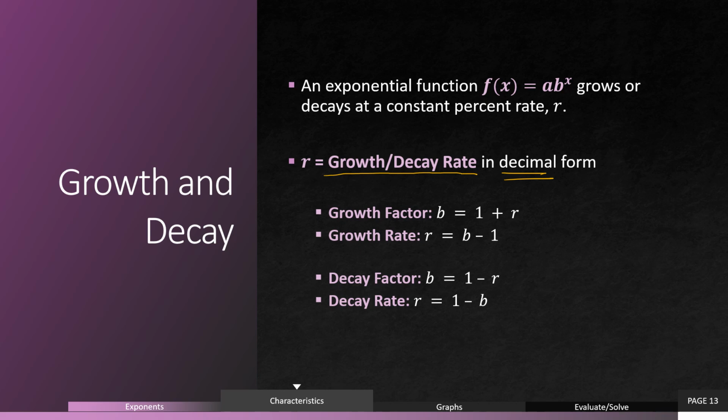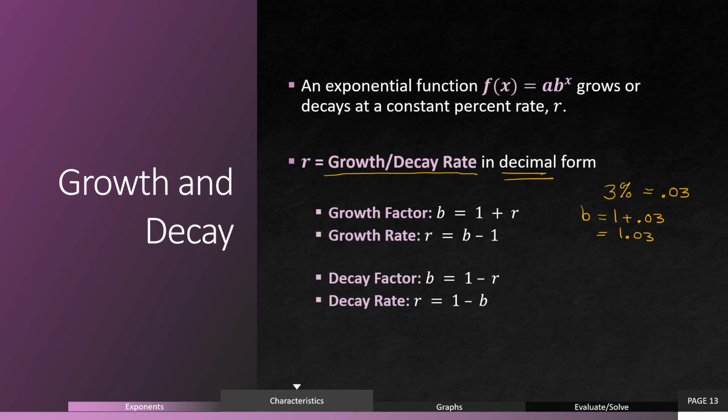So on a previous slide, we talked about a job offer with a 3% raise. In decimal form, that would be 0.03. So to find the growth factor, to be able to put that into a formula, we would take b equals 1 plus 0.03, or b equals 1.03.